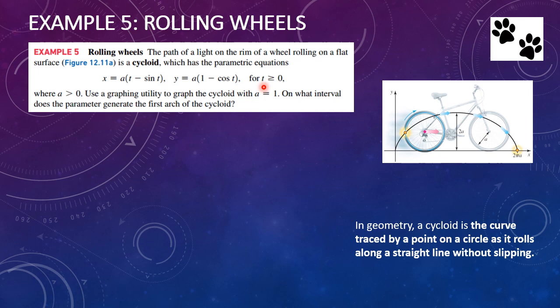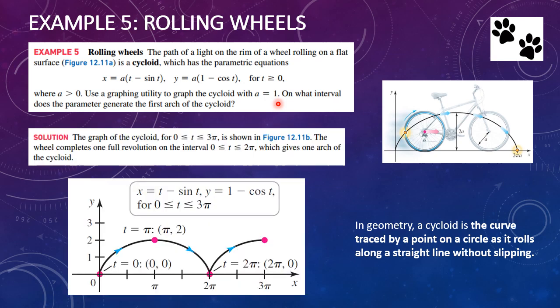The path of a light on the rim of a wheel rolling on a flat surface is a cycloid, where a is greater than 0. Using a graphing utility to graph the cycloid with a equal to 1, on what interval does the parameter generate the first arc of the cycloid? If we graph the cycloid between 0 and 3 pi, you can see the graph below.